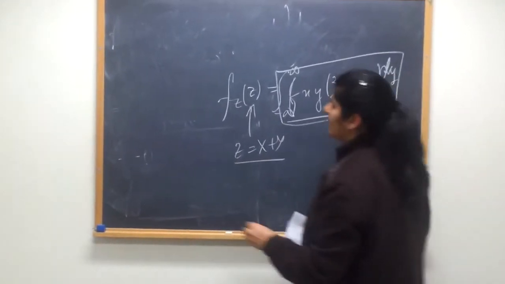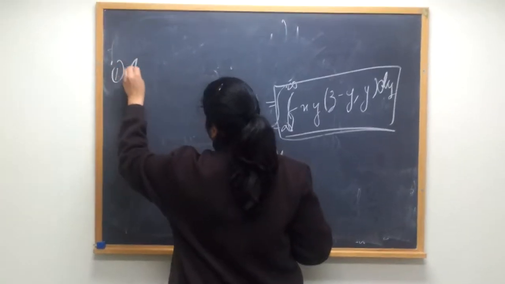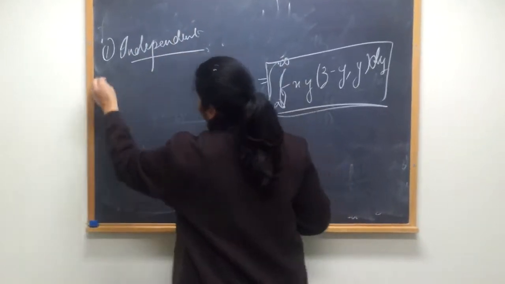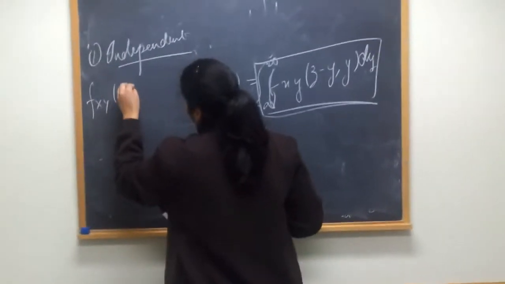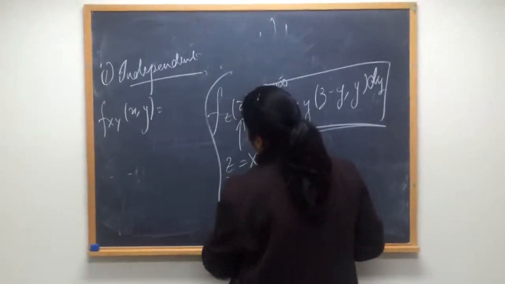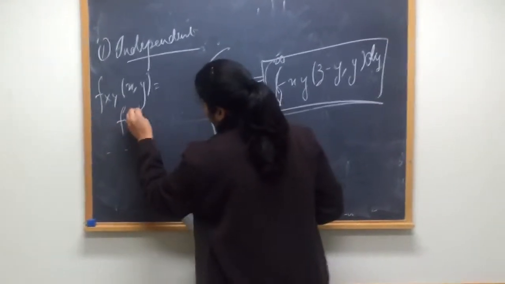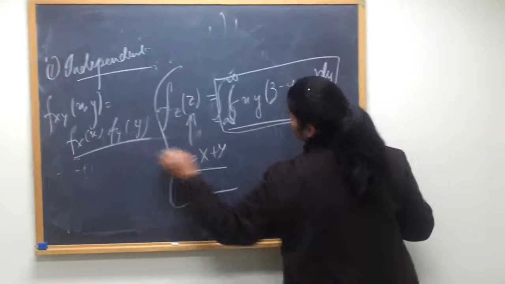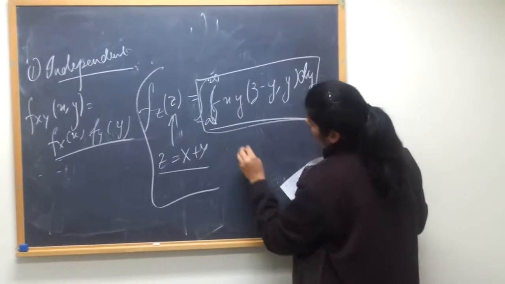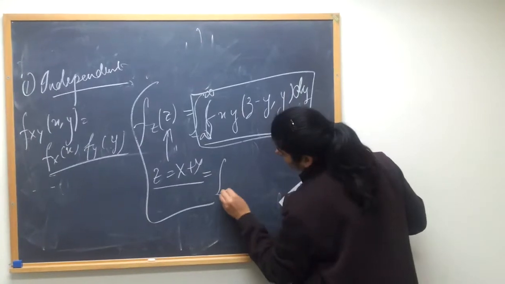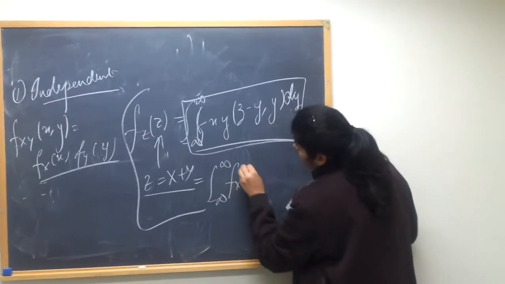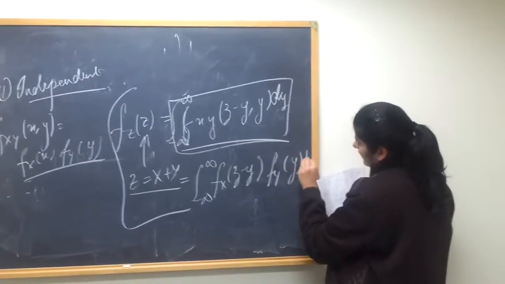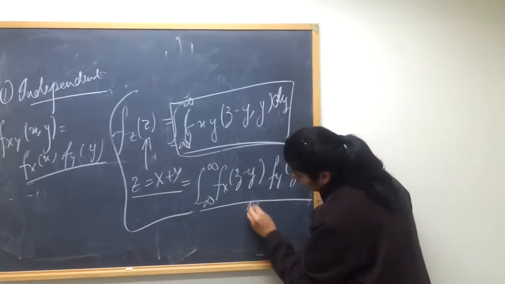If x and y are independent variables, then we know that f_XY is equal to the product of the marginal densities, that is f_X(x) f_Y(y). So we'll put this here. When x and y are independent variables, we get the integral from minus infinity to infinity of f_X(z minus y) f_Y(y) dy. This is convolution.